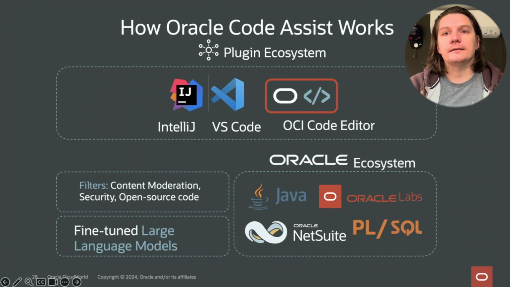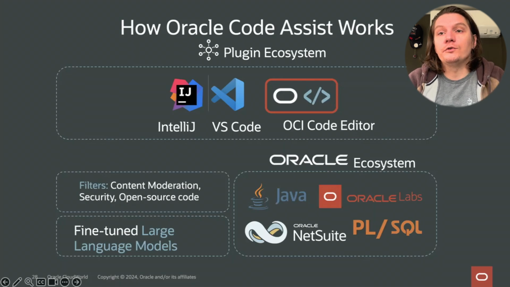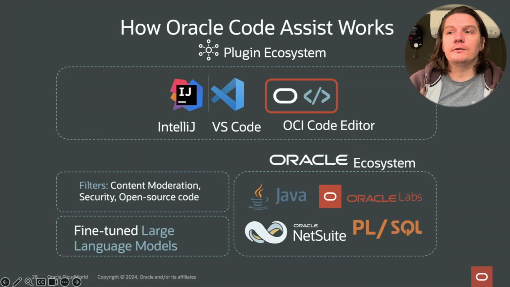Then we're adding some additional synthetic data on top of that. And then we use strong LLMs for evaluation, judging, and filtering. So we're using various smart models to judge and filter the learning process, which ensures best coding practices. All of that is to make sure Code Assist becomes a fantastic helper for writing and understanding code. And like I said, it is targeting our own Oracle ecosystem.